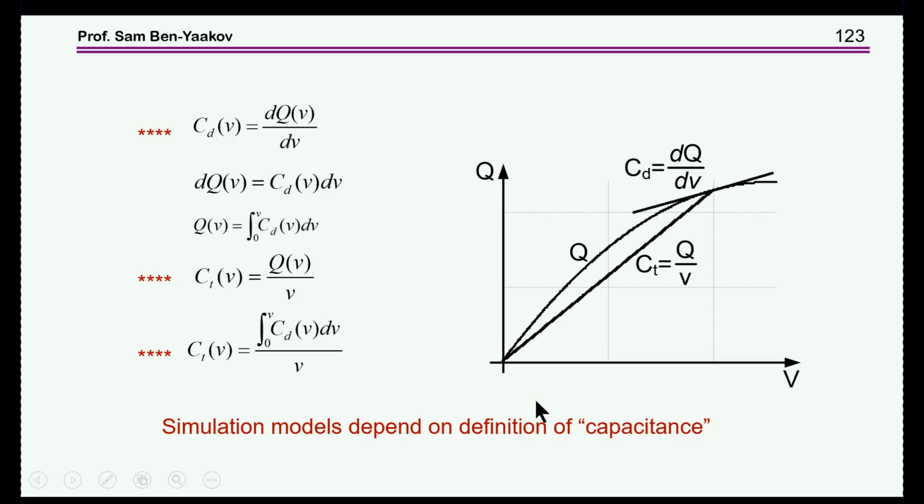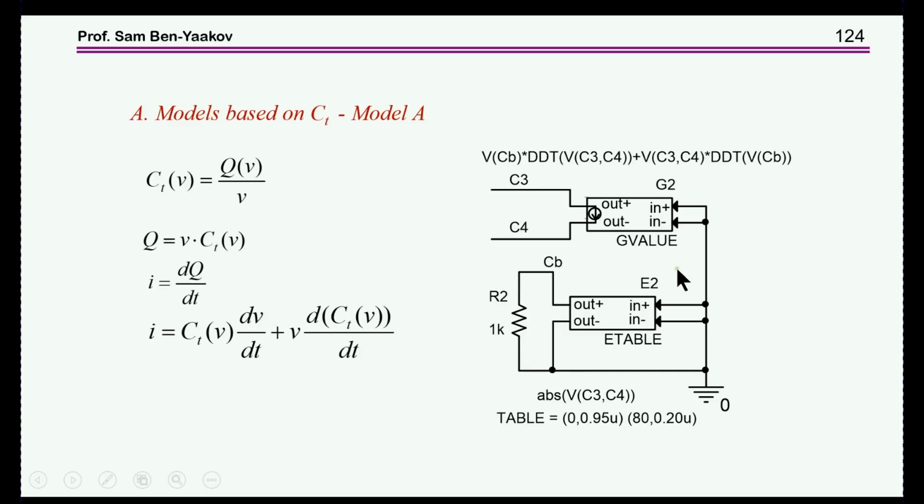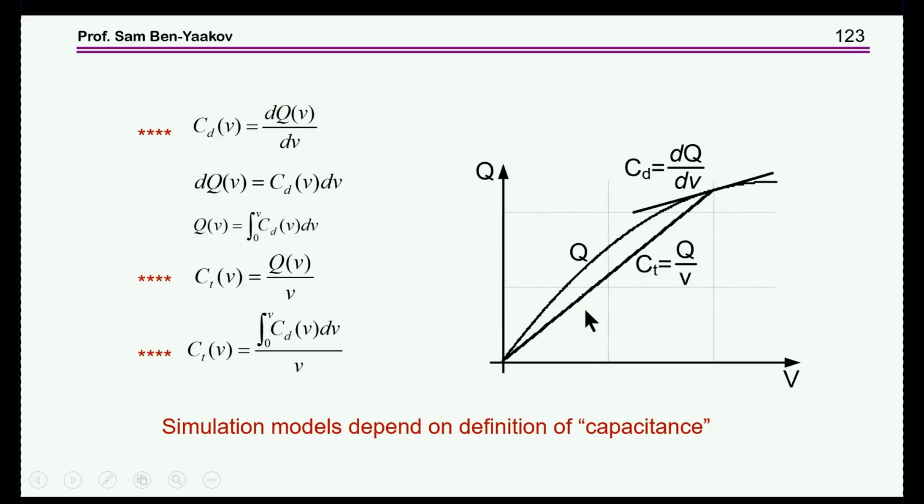Maybe you will not be surprised, or I was surprised to find out that in many papers, data sheets and short articles, people were confused and did not use the correct definition of capacitance, and therefore they did simulations, but the results are incorrect because they were using the incorrect capacitance. So the way to do it is first of all to decide which capacitance we are going to use in the simulation. Is it the derivative or is it the total?